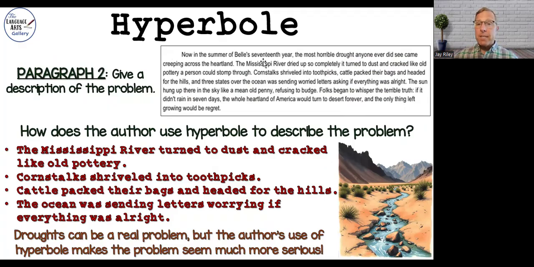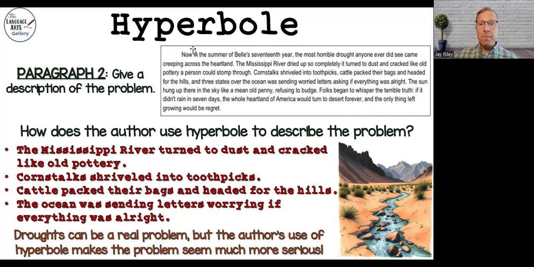Now, in the summer of Belle's 17th year, the most horrible drought anyone ever did see came creeping across the heartland. The Mississippi River dried up so completely it turned to dust and cracked like old pottery a person could stomp through. Cornstalks shriveled into toothpicks, cattle packed their bags and headed for the hills, and 3 states over, the ocean was sending worried letters asking if everything was all right.